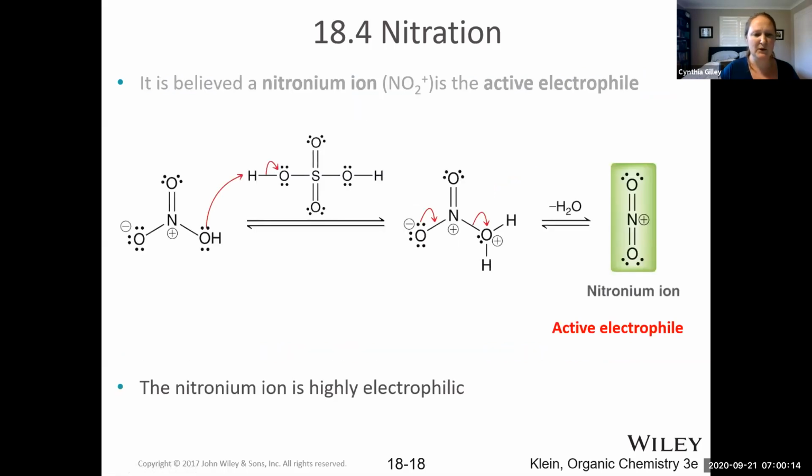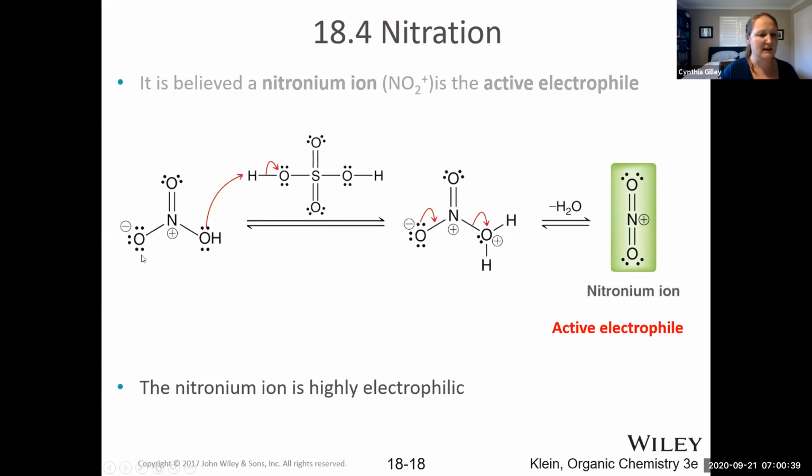So how is that nitronium ion formed from nitric acid and sulfuric acid? We talked about how sulfuric acid is a stronger acid, so we can actually do a proton transfer where nitric acid acts as a base to take a proton from sulfuric acid. You might have thought of using the oxygen with the negative charge to pick up the proton from sulfuric acid, but we're not going to do that.